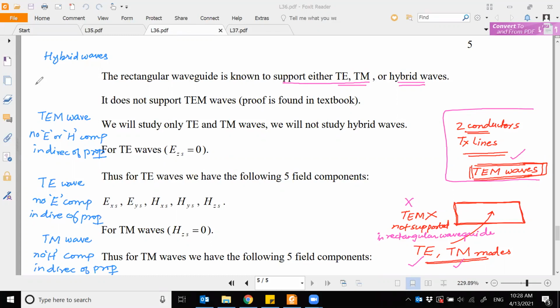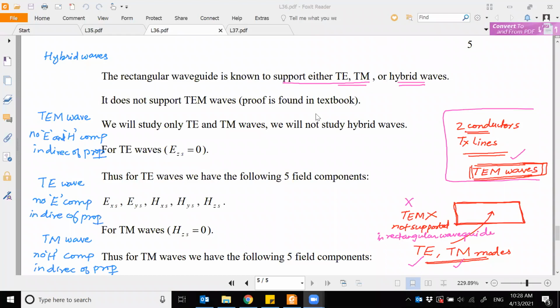So you don't have no H and E. No, see, no H and E is the TEM wave. In the TEM wave, no E or H component. Not all, I have to correct it: no E and H component in the direction of propagation is for the TEM waves.